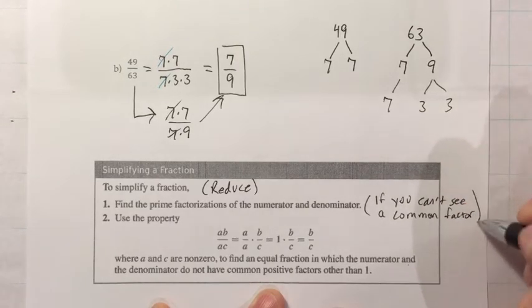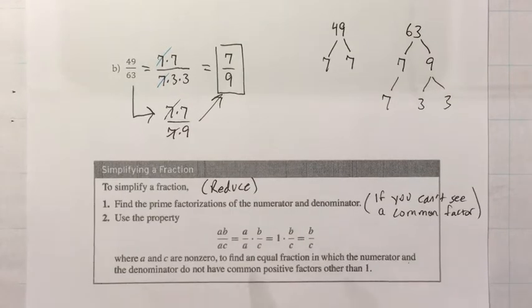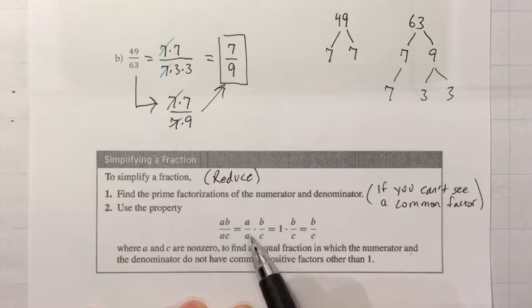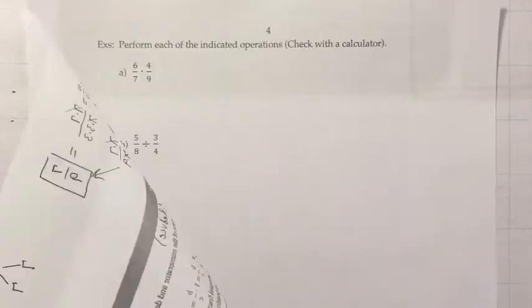If you can see the common factor, just split it off and cancel it. And when you're canceling, you're using this idea that if you do have a common factor, you can split it off. It's just a 1, and that 1 doesn't change anything, so it can go away. All right, so that's the process of simplifying or reducing fractions that we'll use in this section and beyond.